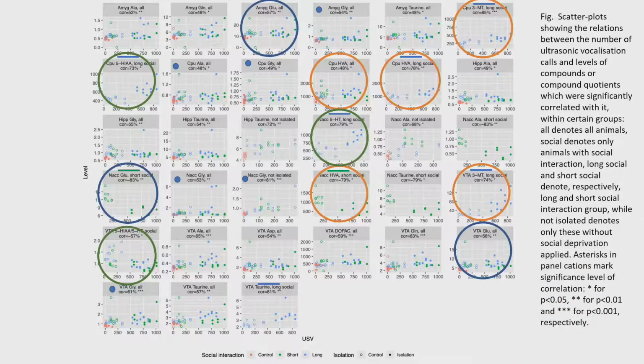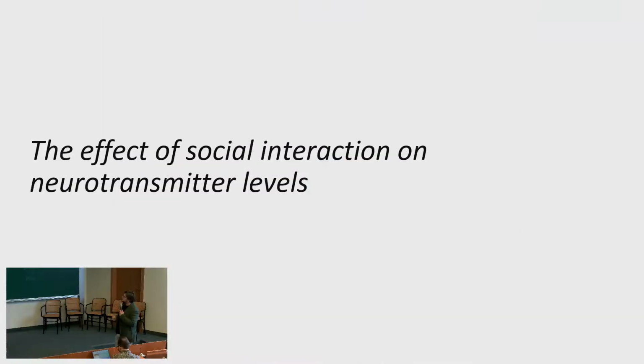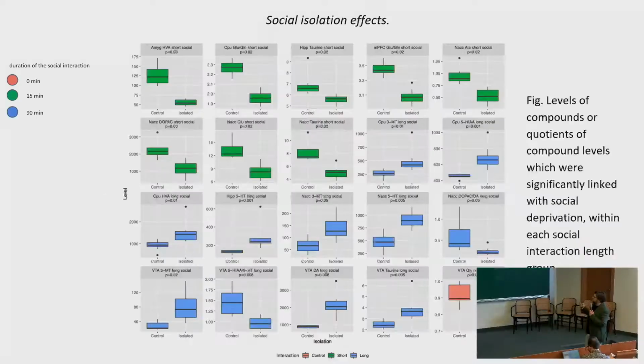I will not explain every result, but we can see that ultrasonic vocalization is bound up with glutamate. Here we took isolated and non-isolated animals together and took the correlation with USV. We've got the positive correlation of the glutamate in the amygdala and VTA. We've got the positive correlation with the metabolites of dopamine in the VTA and also in the CPU after long social interaction.